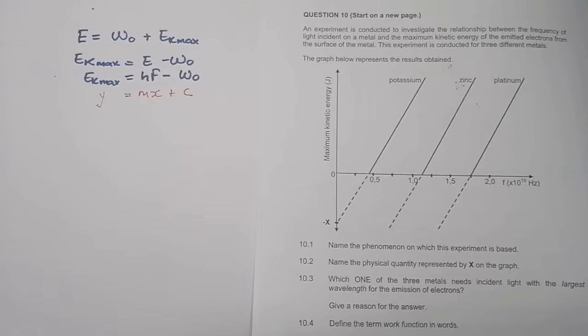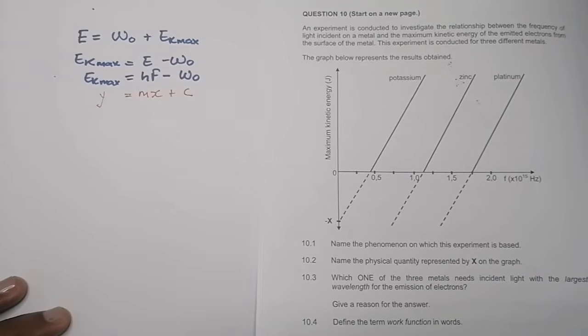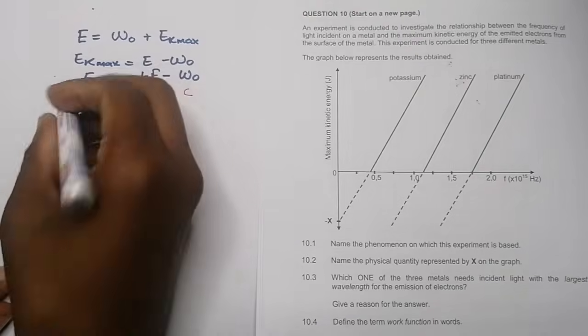So let's go on to the next question. They say, which one of the 3 metals needs incident light with the largest wavelength for the emission of electrons? Now remember, the largest wavelength.